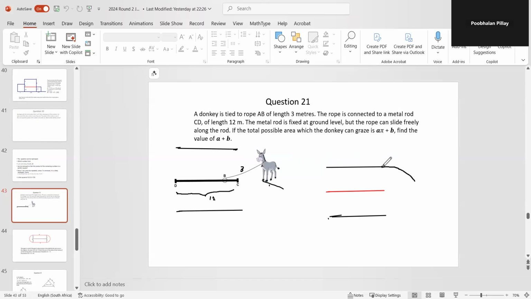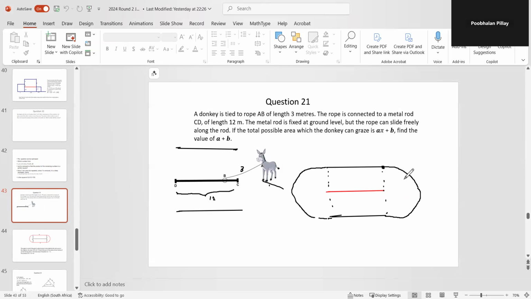It's not going to be very accurate, but you're going to have a thing like this. And then here too. And this is a semicircle. It starts here. So the area in which the donkey can graze is enclosed by this black line.